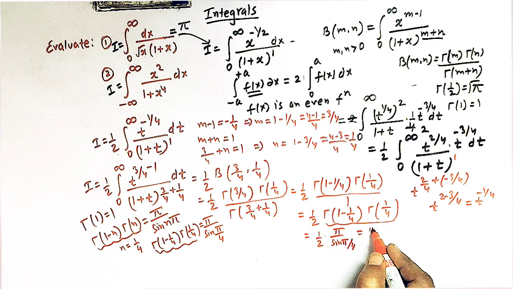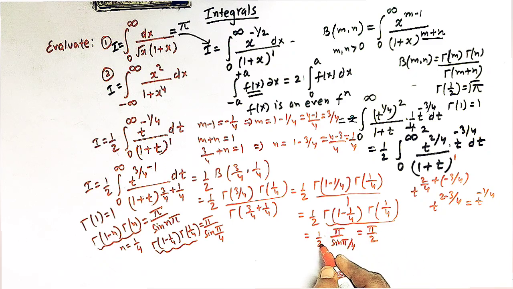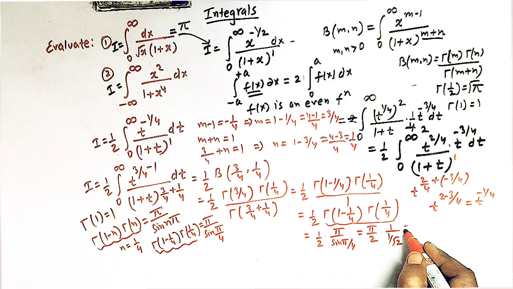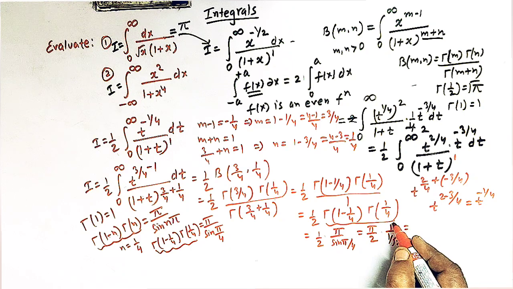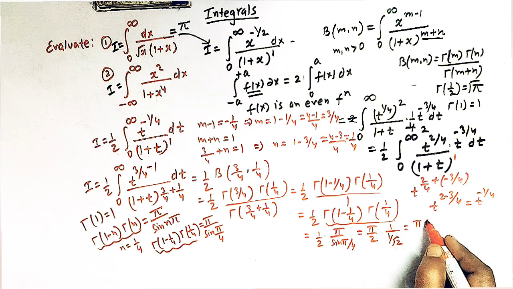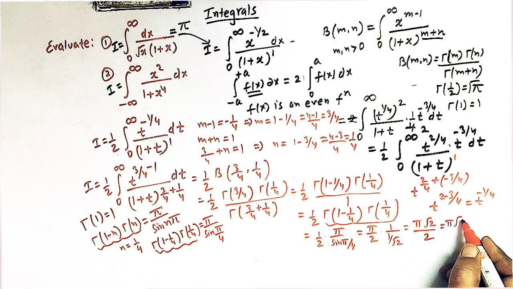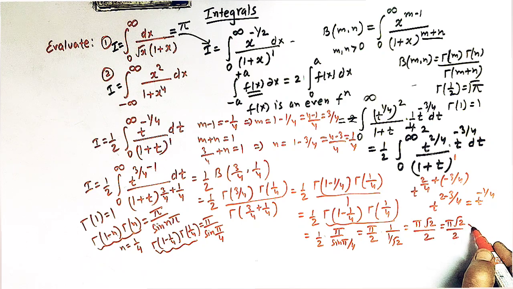So now we have pi over 2, and then we have sine 45 degrees is 1 over square root of 2. Now taking square root of 2 to the numerator, we have pi root 2 over 2, right? So now we can also write this expression by multiplying the numerator and denominator by root 2.